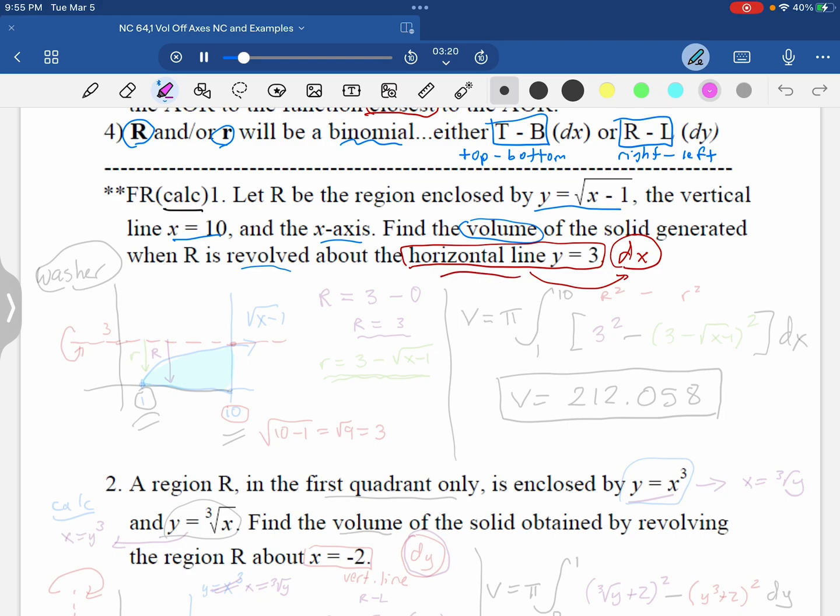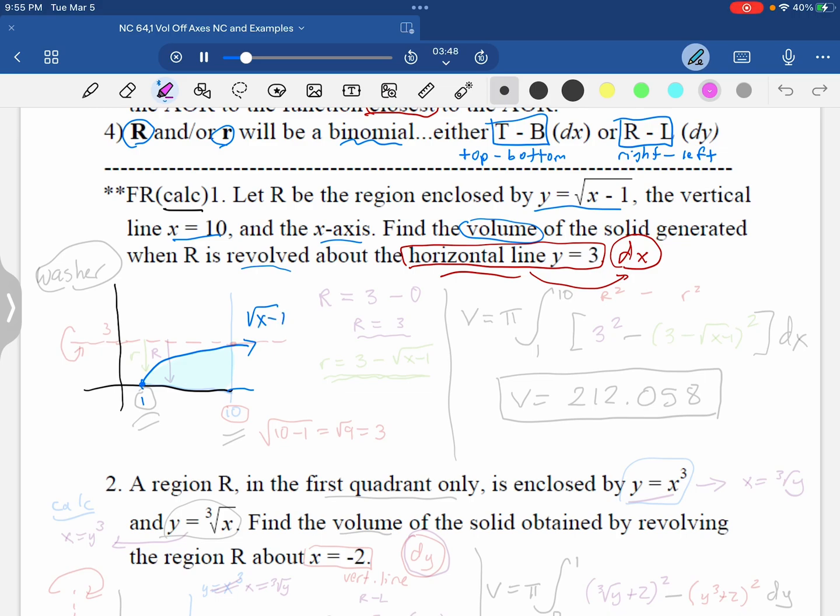So let's try and sketch out a picture of what our region looks like. Our function, the root of x minus 1, would basically just be the square root function but shifted right by 1. So it would start at 1 and then just go up and to the right like that.